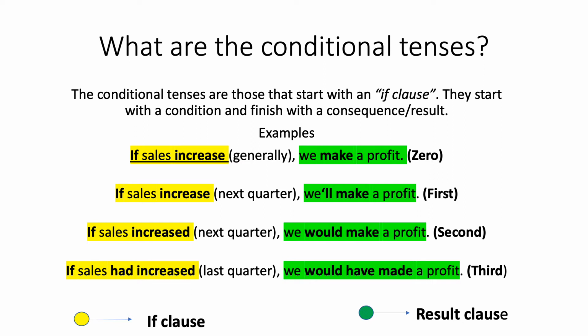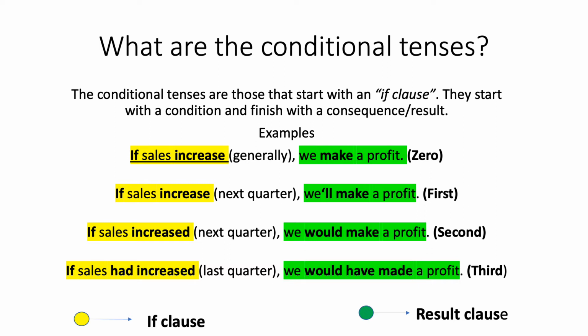As you see in the examples, we have the same example in four different types of conditional. We have zero, first, second, and third. We have four types of conditionals. So the first one: if sales increase, we make a profit.